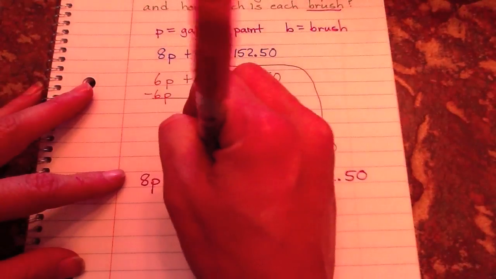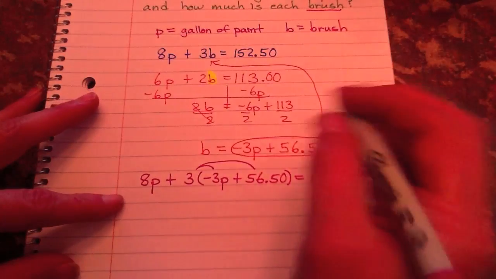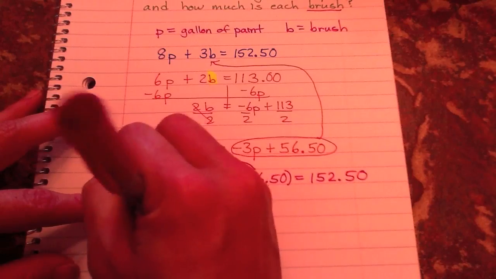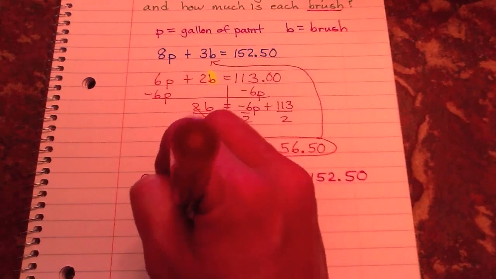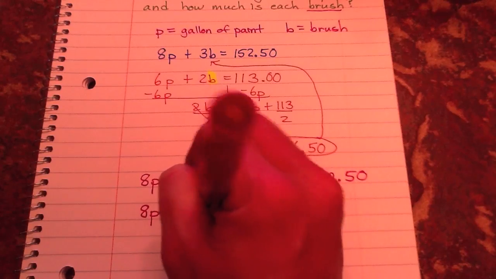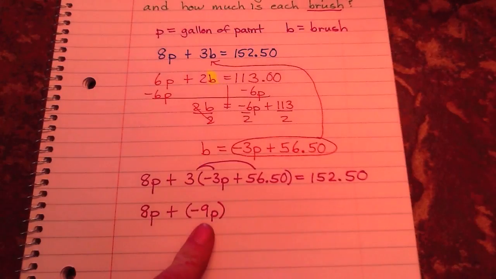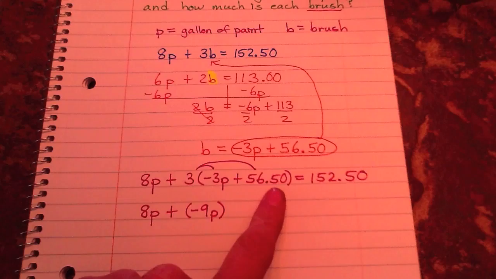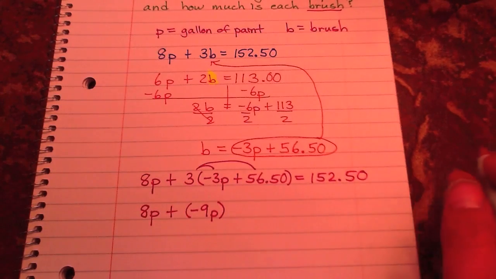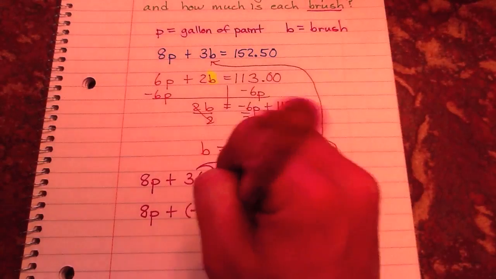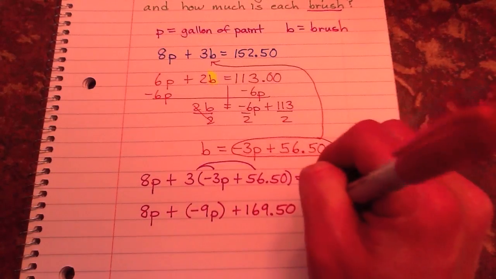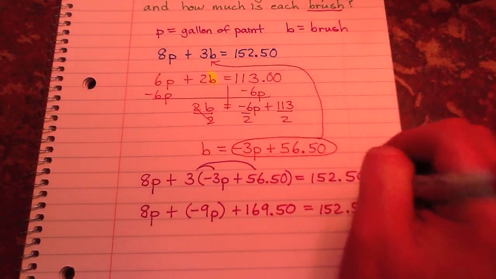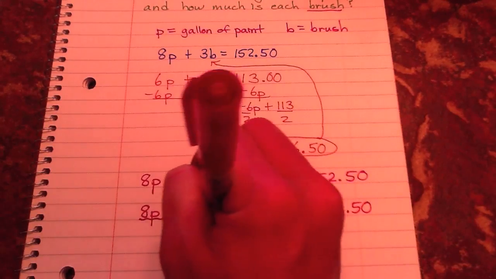Now we need to distribute. We end up with 8p plus, oops, I should have put minus, so instead I'm just going to do minus 9p like that, plus a negative 9p. 56.50 times 3 is 169.50, and it's a positive, equals 152.50. Combine my like terms here.